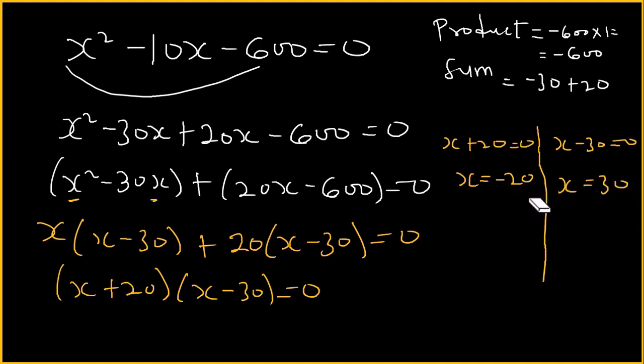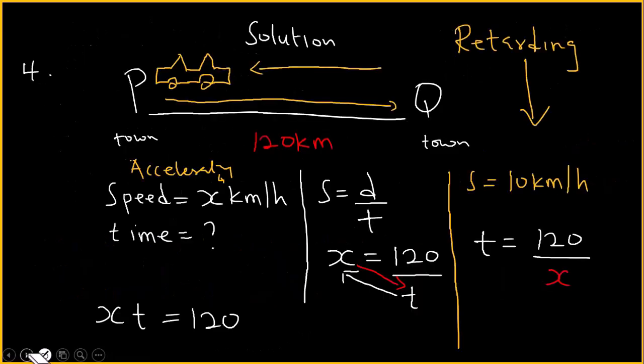But let's check which of the x values satisfies our question. From the question, x was the initial speed moving from town P to town Q. Since we are moving this way, x would be positive because we are accelerating.